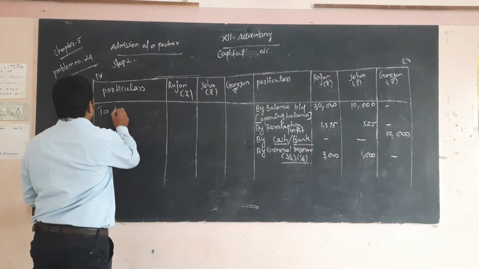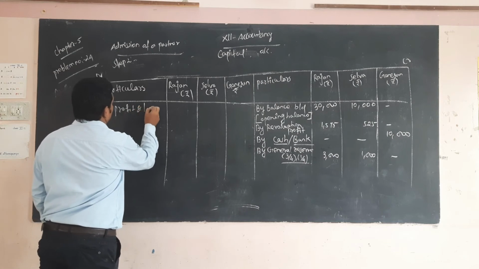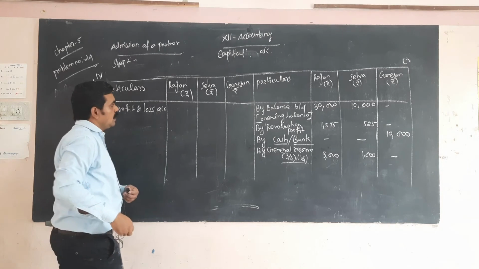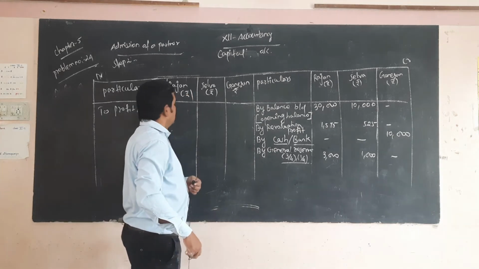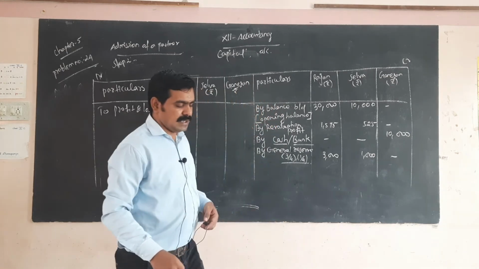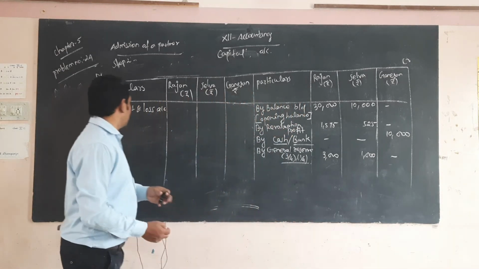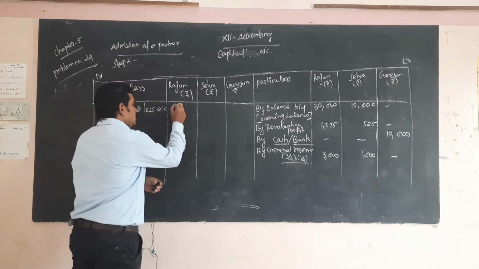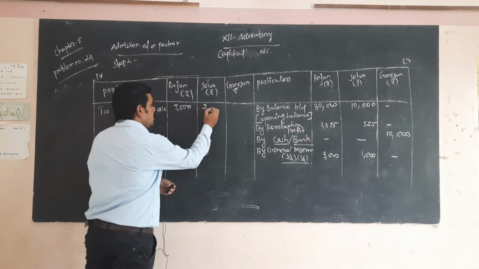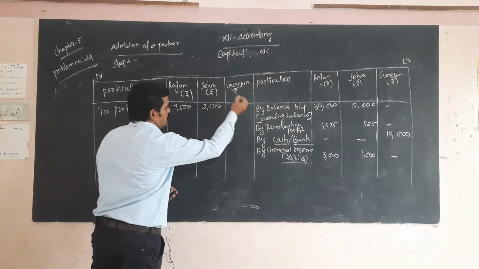So to profit and loss account. What is the amount? 10,000. How will you distribute? 3/4 and 1/4, that is 7,500 and 2,500.